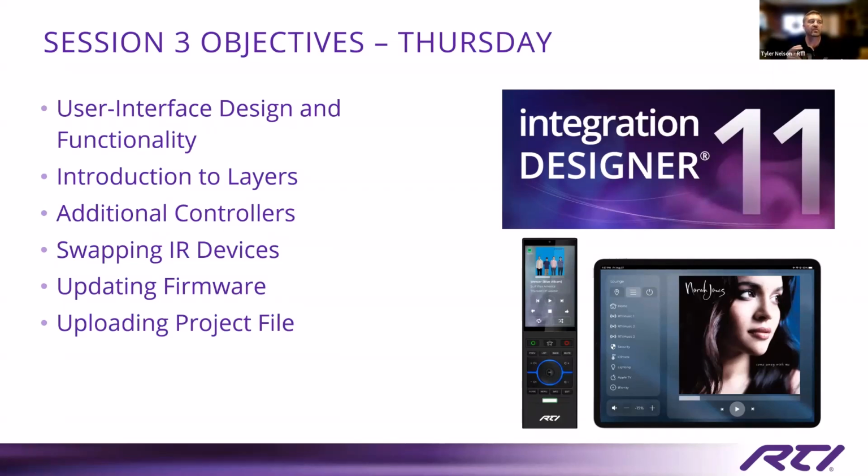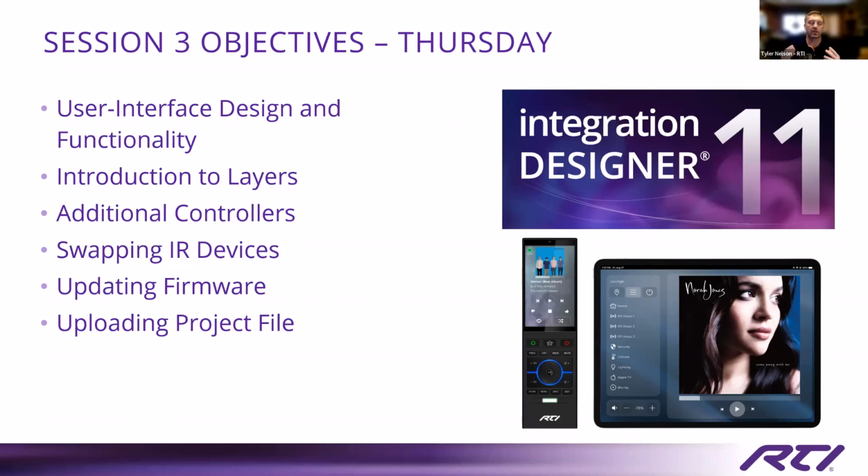That incorporates things like layers and what happens when we need to add additional controllers. Are there any additional things that we need to do on the user interface side, and some different ways to start to play with the customization side of Integration Designer and RTI, and how to really take hold of that and use it to your benefit to upsell yourself as a true custom installer.